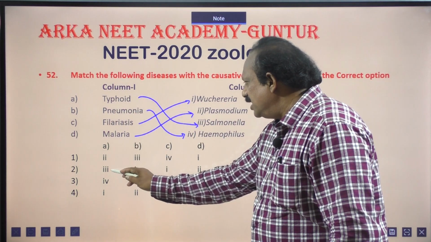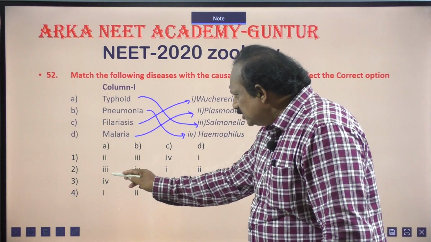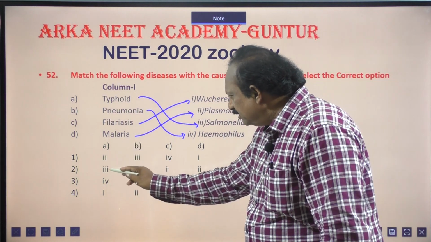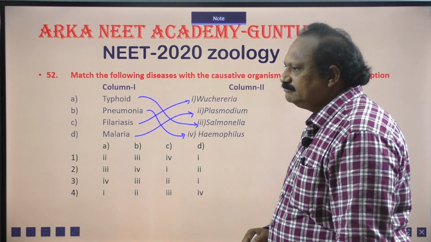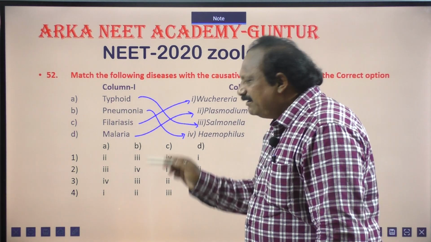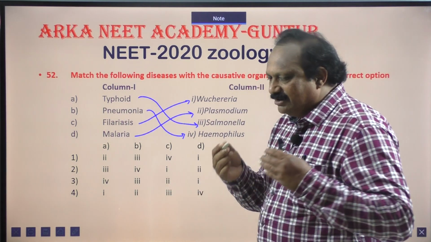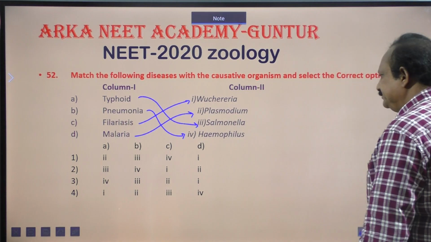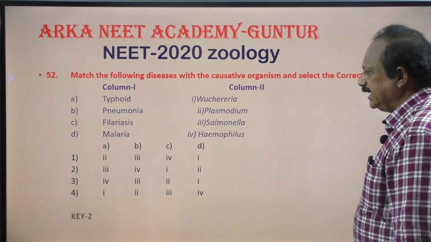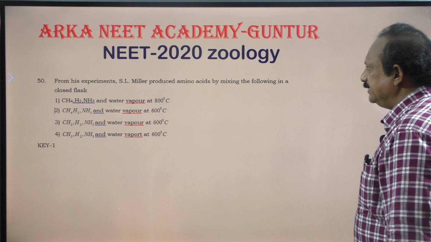There is no third option in the remaining options. This is one advantage. This is a good opportunity for the student to score maximum marks. Now, the key is 2. 2 is the perfect answer.